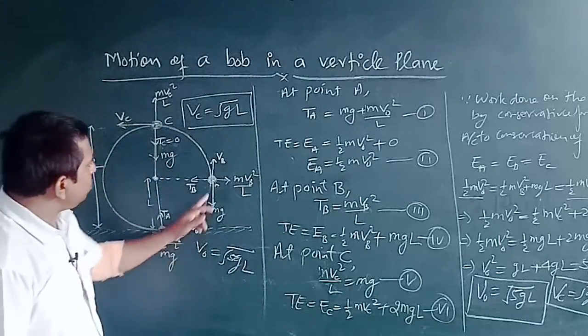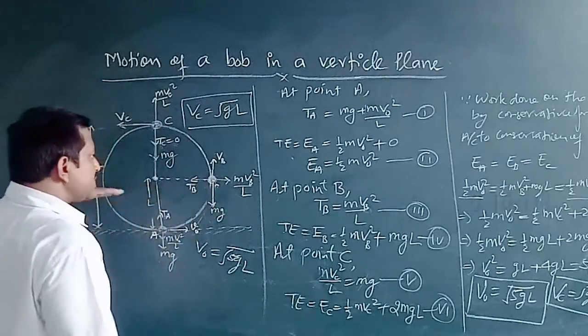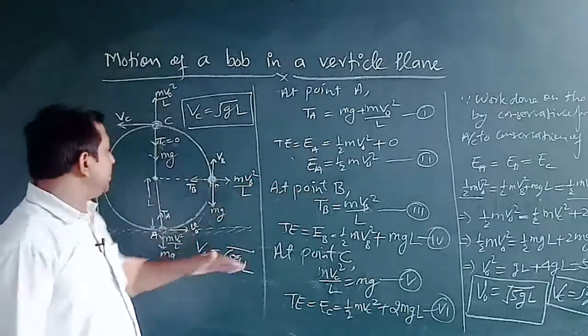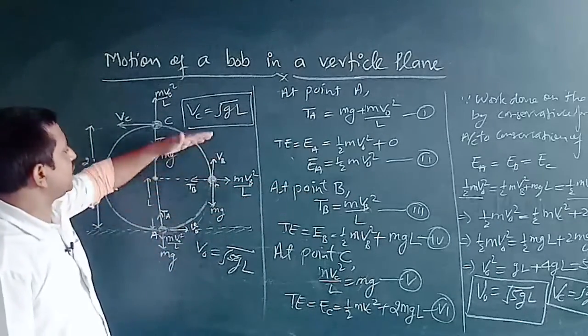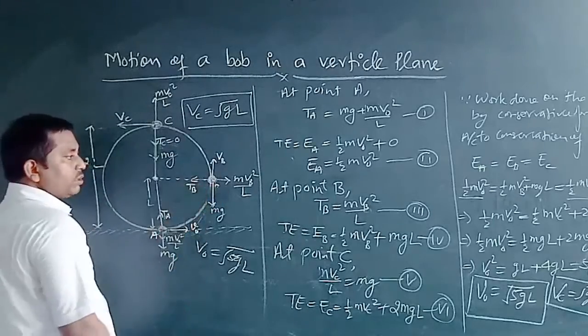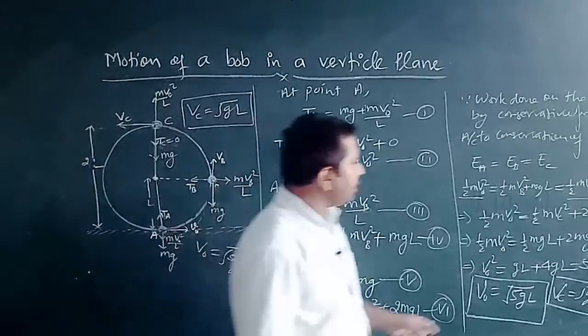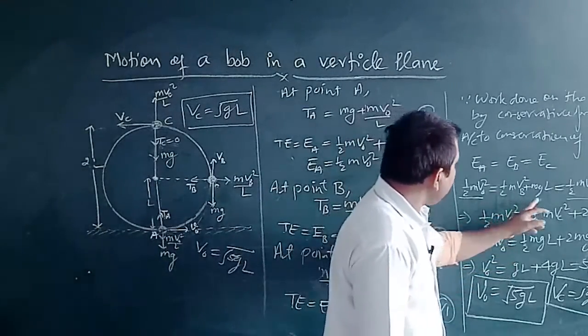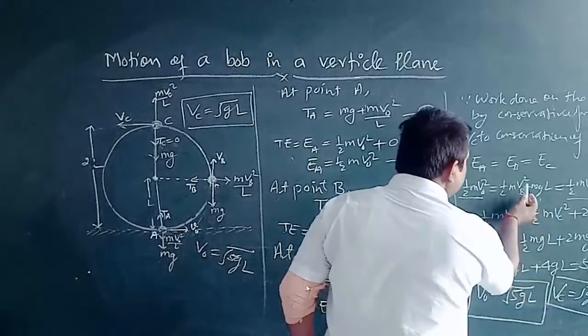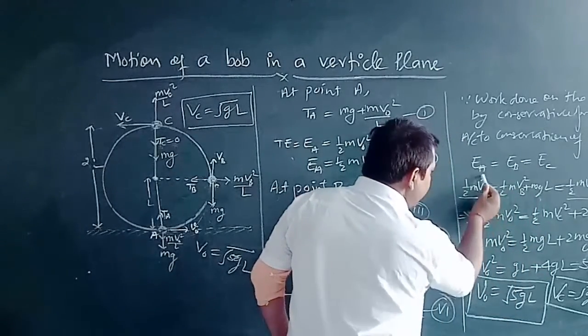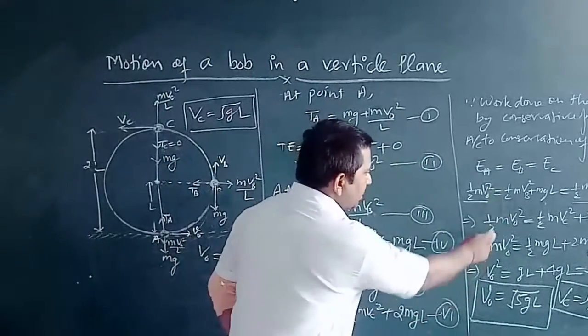So what will be the value of v at B? It means at the just horizontal position, that is half of the semicircle track. So at this point, what will be the velocity? It will be easily calculated by putting the value of v0 square as 5gl in this equation.